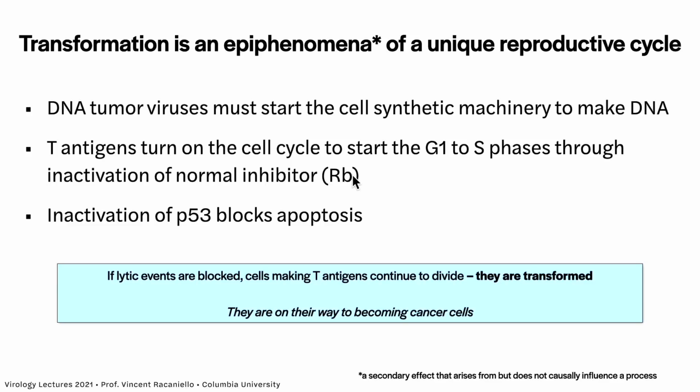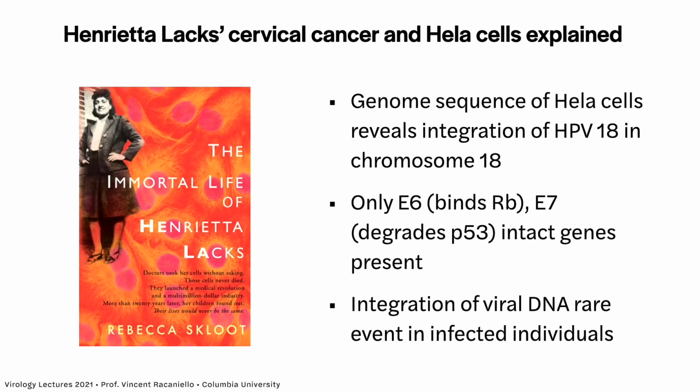They inactivate RB to bypass that checkpoint, and they inactivate P53 to block apoptosis, because if P53 detects damaged DNA or unscheduled DNA synthesis, it will cause the cells to stop dividing. So DNA viruses block all these things because they need the cells dividing, but as a consequence, it can lead to transformation and eventually becoming cancer cells.